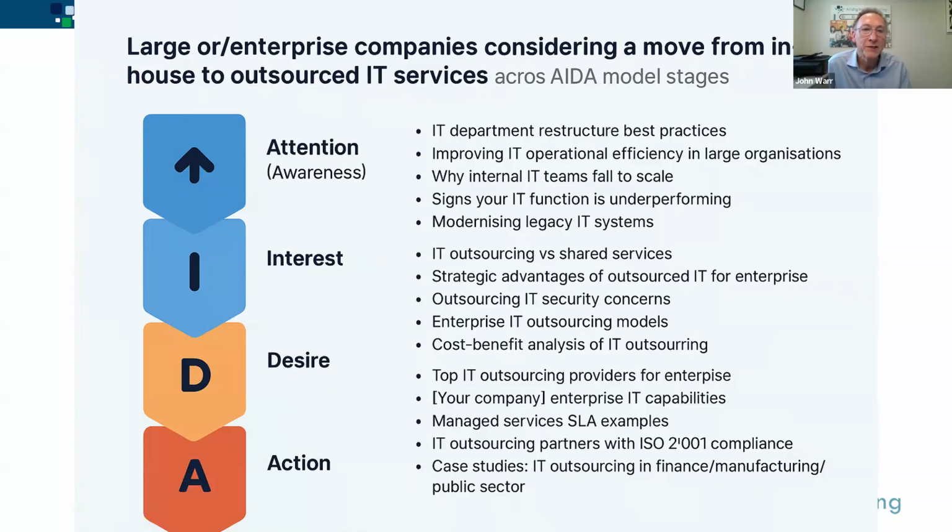As it gets to interest, then you start to bring in outsourcing versus shared services. What's an outsourcing model? What's the cost benefit? And at the desire stage, you're starting on what are the top outsourcing providers? What are the best solutions? What are the managed services you need to be looking at? What SLAs do you need? And then at the action stage, what are the case studies showing them that you have the ability to deliver what they need for their business?